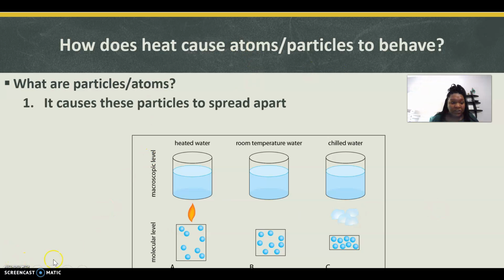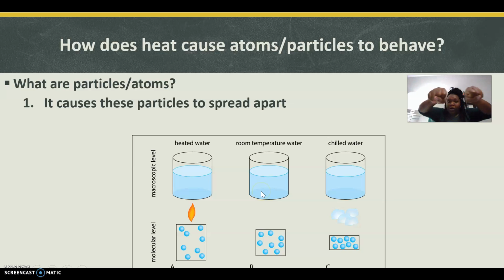As we can see in our picture here, heat causes particles to spread apart. We see here with ice, those particles are much closer together. In that chilled water, those particles are much closer together. Then as that water sits out, it's going to get warmer and become room temperature water.